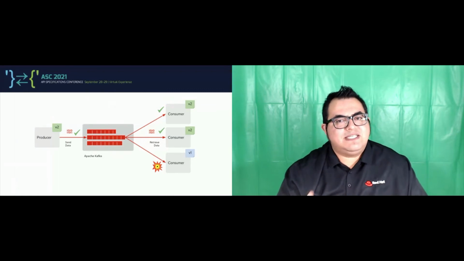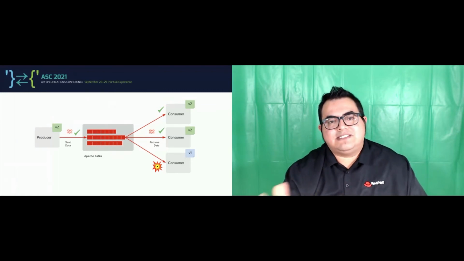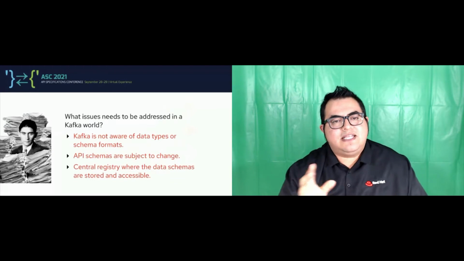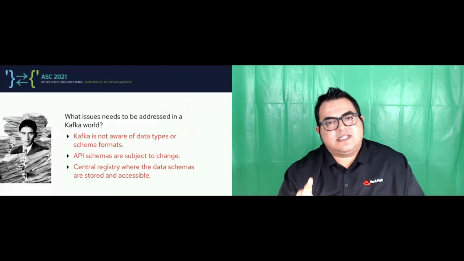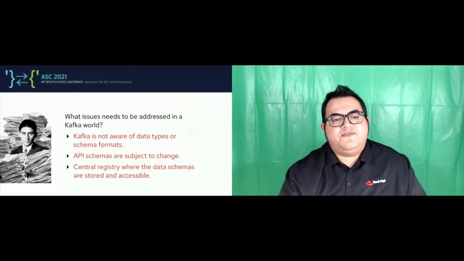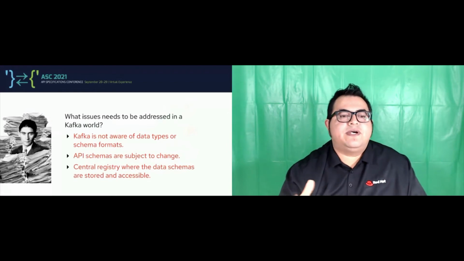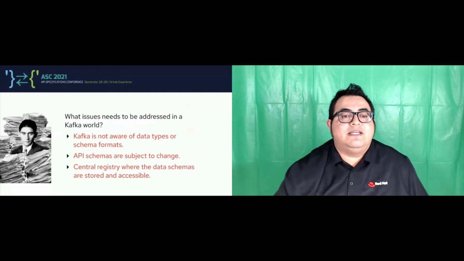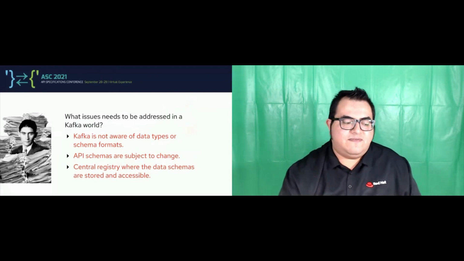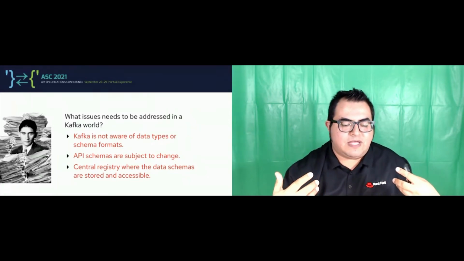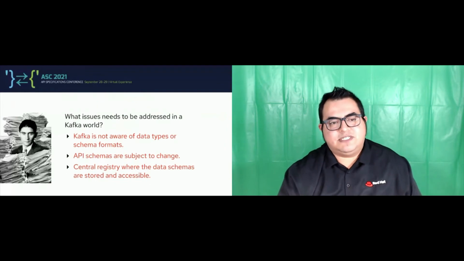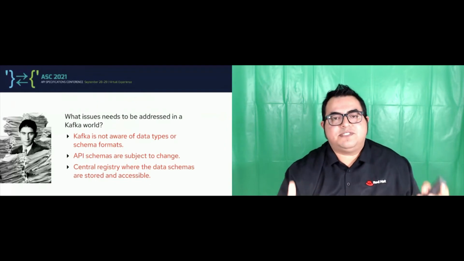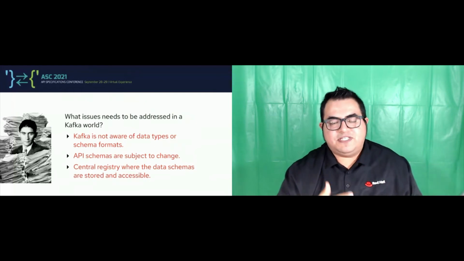So what we have seen here in this simple scenario is that in the Kafka world, we need to address certain challenges. If you remember, Kafka is really not aware of the data types or of the schema formats. One of the things that made Kafka really great for scaling and for being able to handle millions of messages is that it just receives an array of bytes, and it's very efficient to handle those.